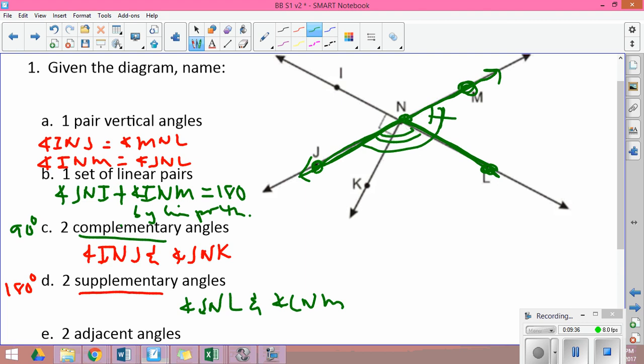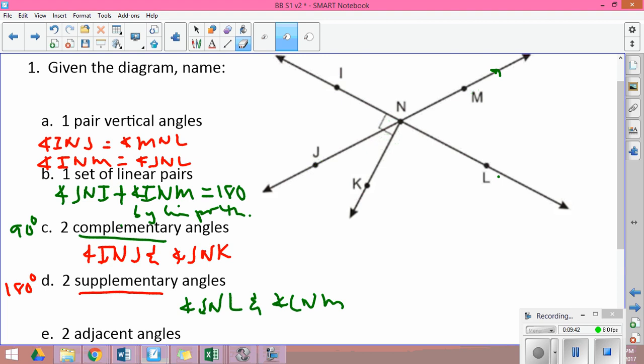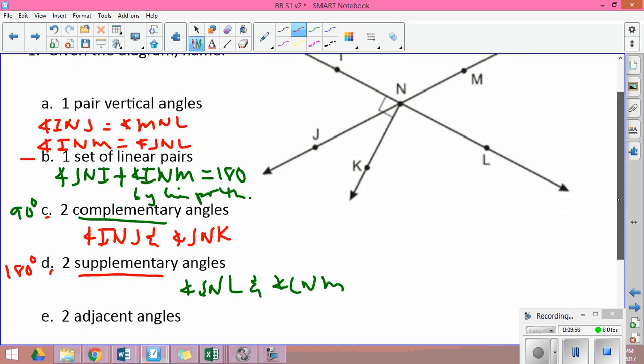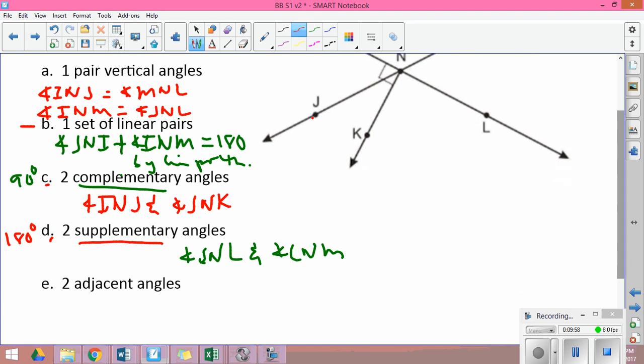That's just one pair. Adjacent, lots of different potential answers here, and that's kind of the beauty of it. In geometry, there's often lots of answers. We could use our linear pair answer from here. We could use our complementary answer because those are adjacent. We could use our supplementary answer. And we could pick two that we don't even know what they add up to, but they simply share a side, like these two.